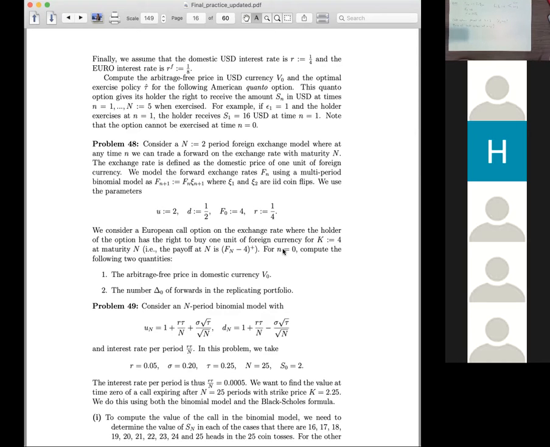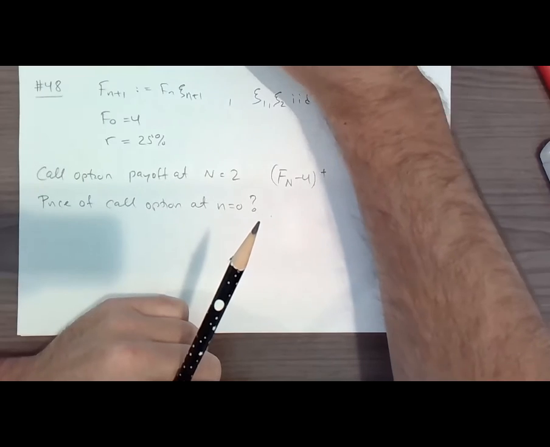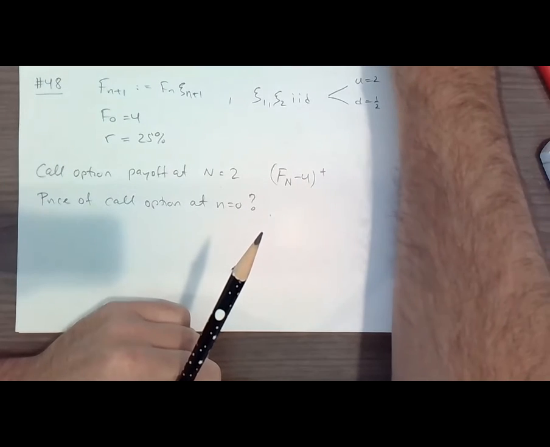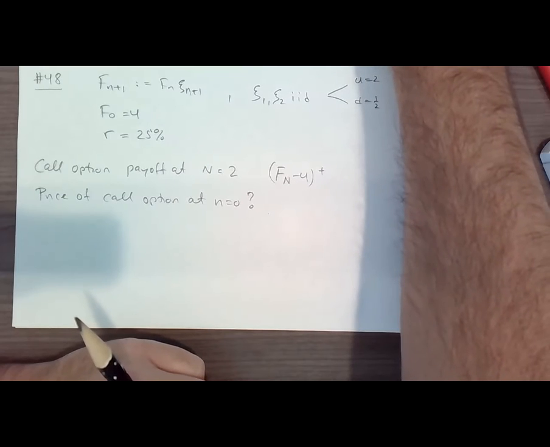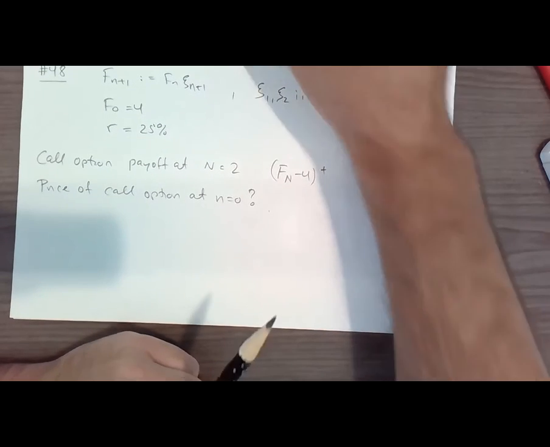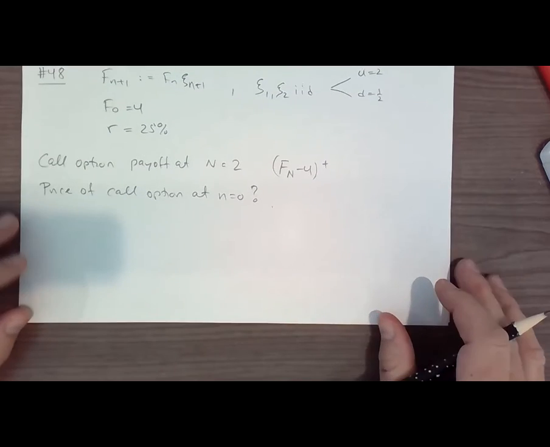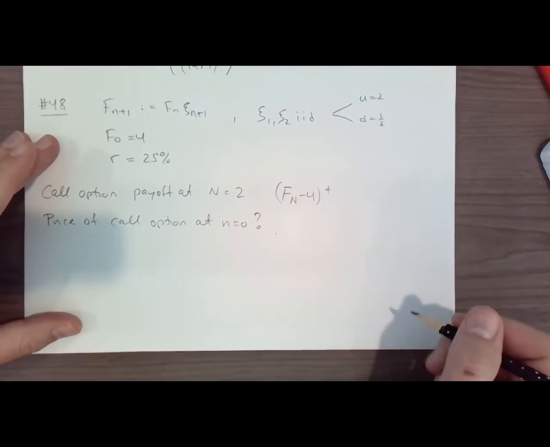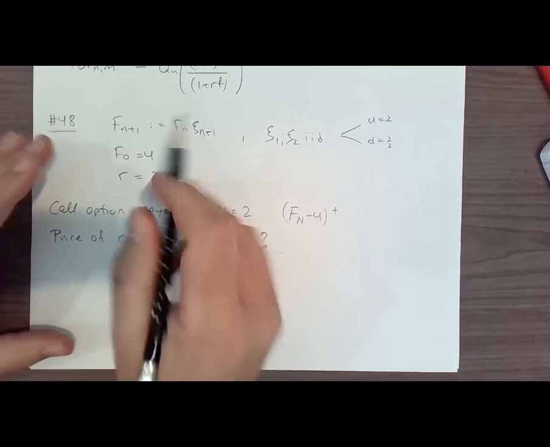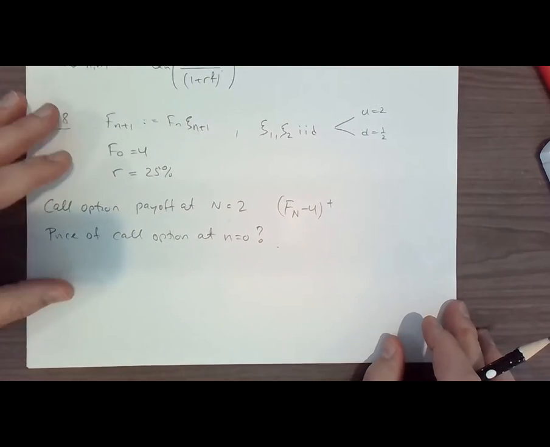Okay, so what to do? Well, we know how to price these things, so we roll them back and compute the conditional expectations. So this is what we're going to be doing here too. To compute this conditional expectation, we need P tilde and Q tilde.